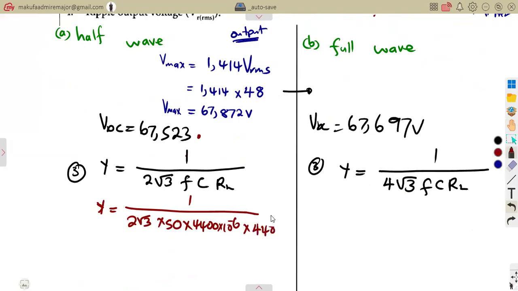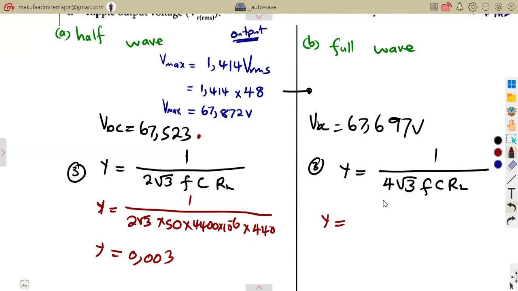So that was going to give us our ripple factor, which was approximately 0.003. There are so many values that you can consider, but you can also just write it like that. Then on the other hand, we can calculate it for a full wave.